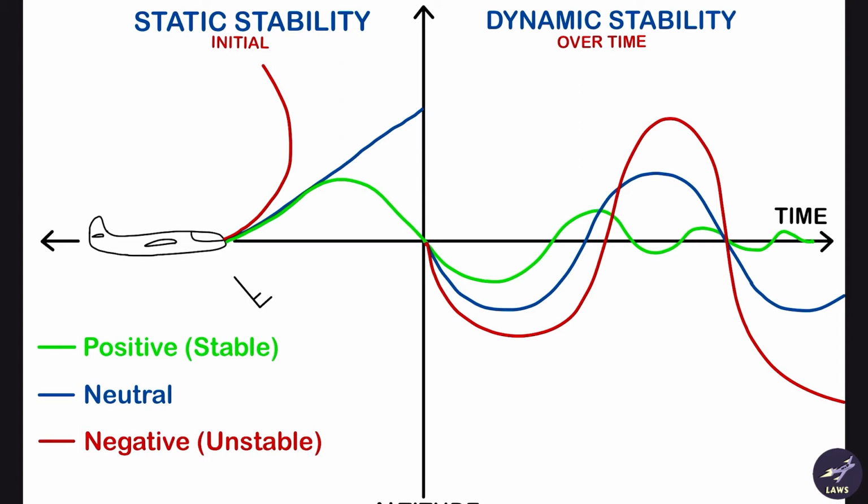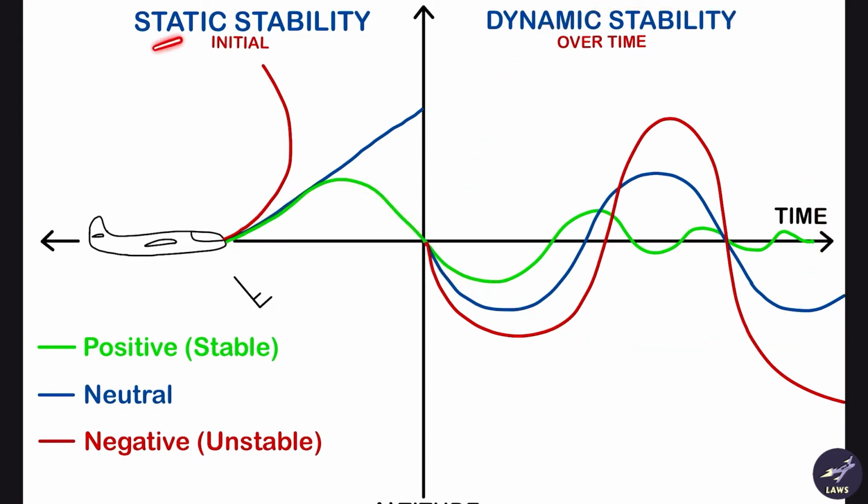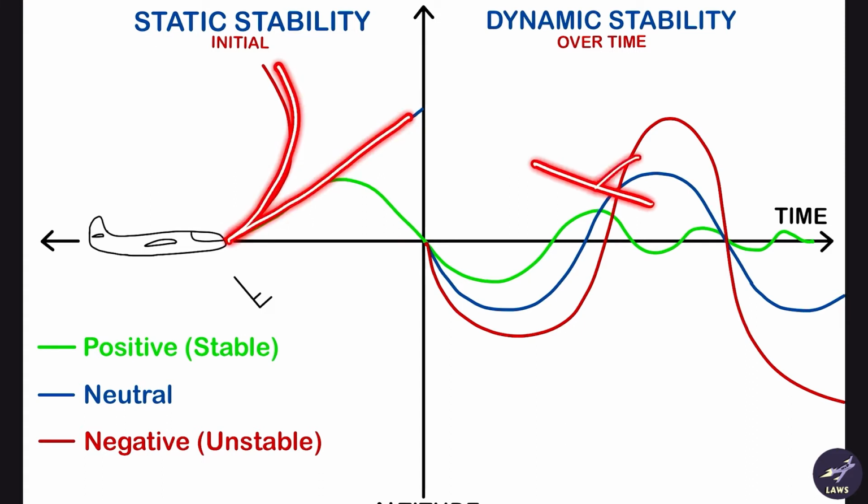So the aircraft has to be statically stable, that is in green, to go into the dynamic part of the graph. So if the aircraft is statically neutral or unstable, it won't be able to go in this side of the graph.